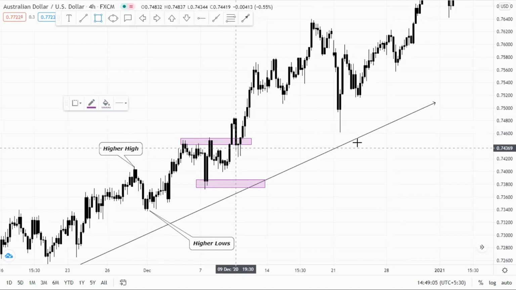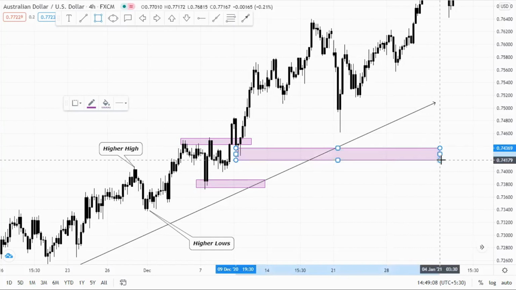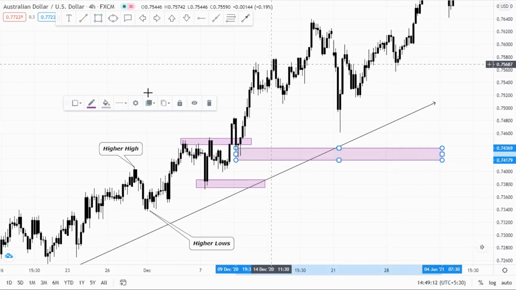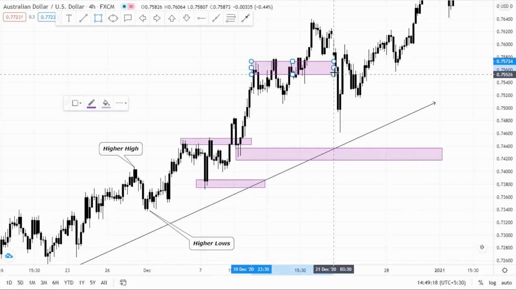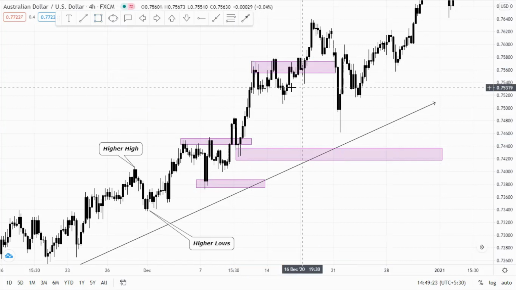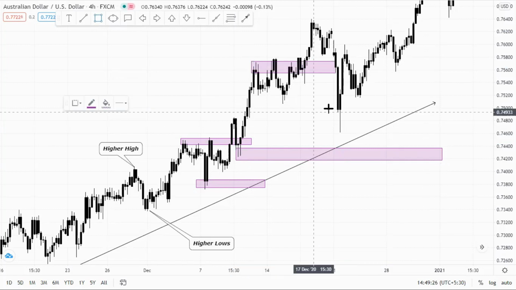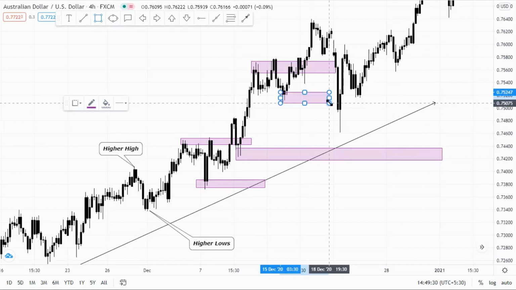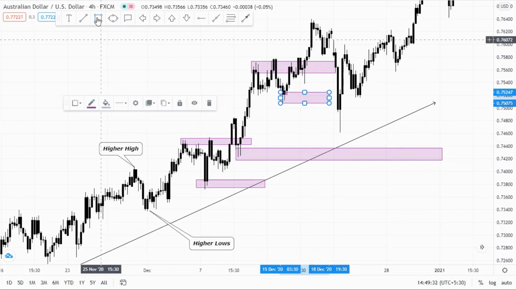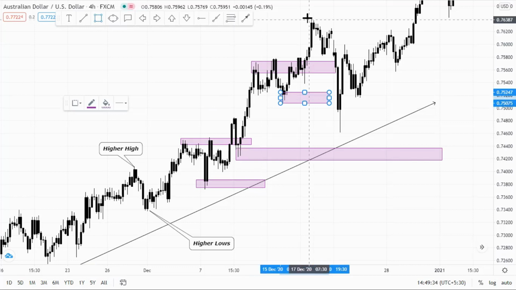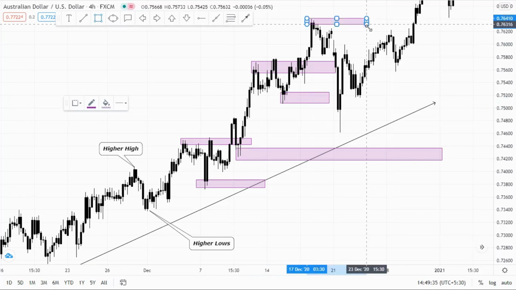This was our last higher low before price shot up to this point, till there. That's another high. Then this one was our higher low. Price broke this high, signifying that price was going to continue to the upside.